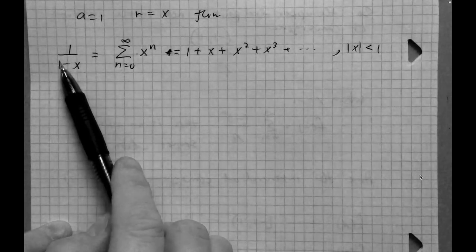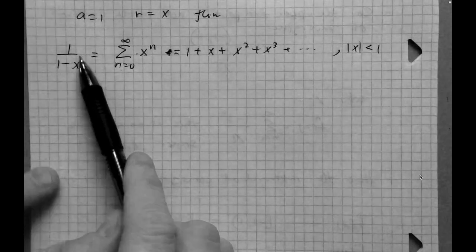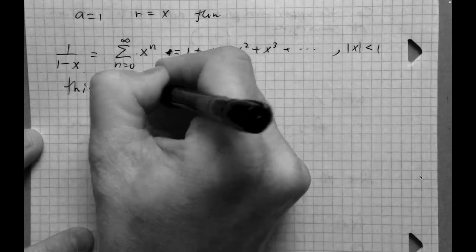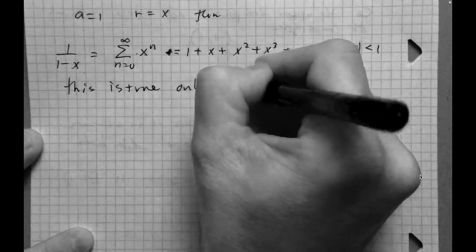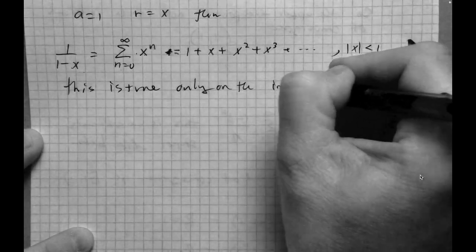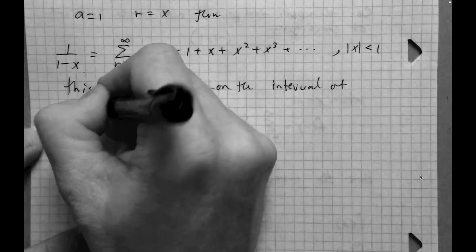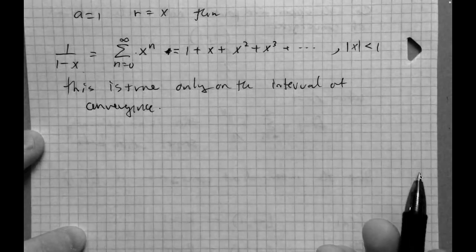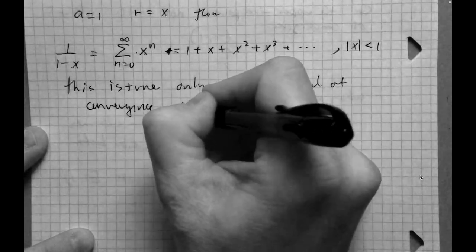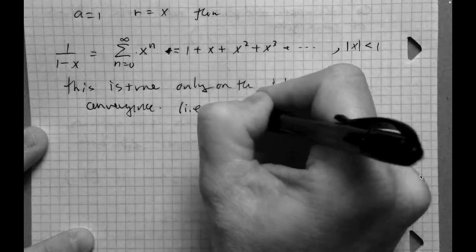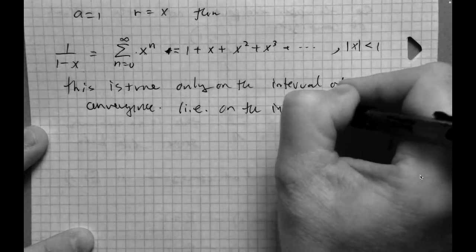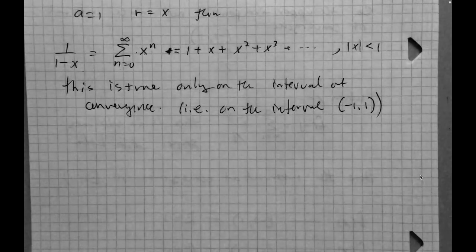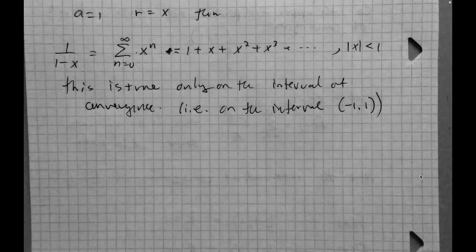This would be 1 over negative 4. So this is true only on the interval of convergence. In the case of the geometric power series, that is the interval from -1 to 1, and specifically open.